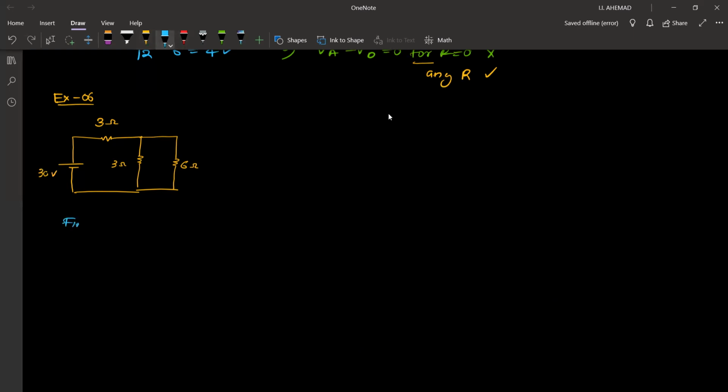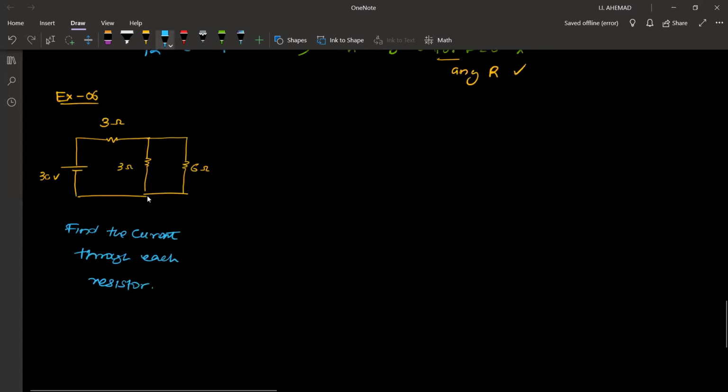Find the current through each resistor. Okay. So note the question first. I'll tell how to deal with these types of questions.